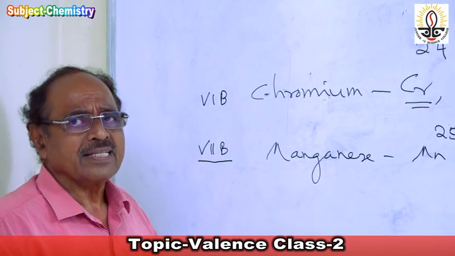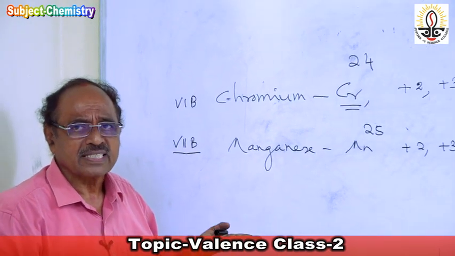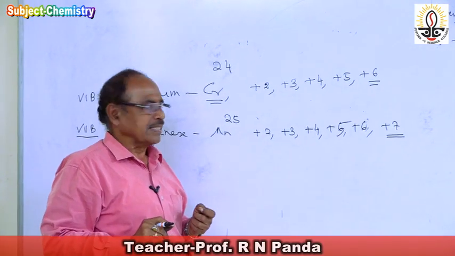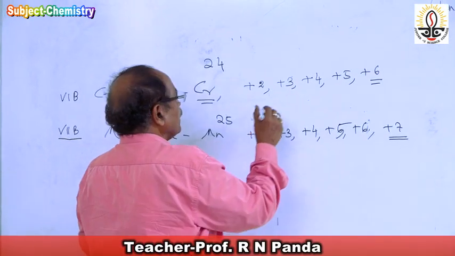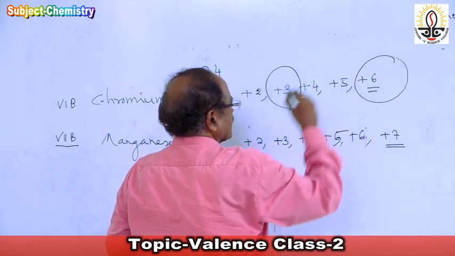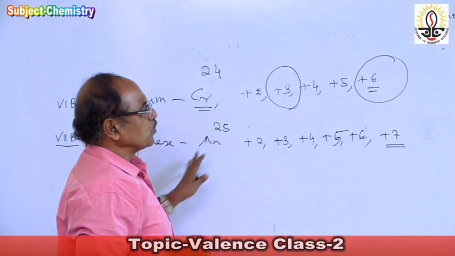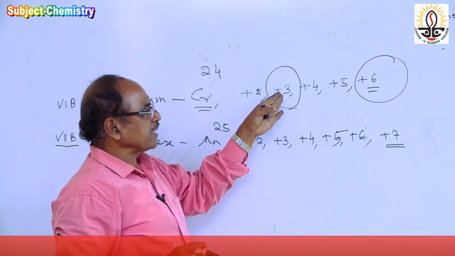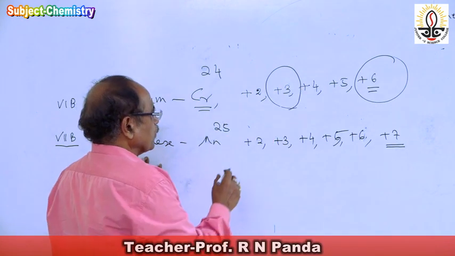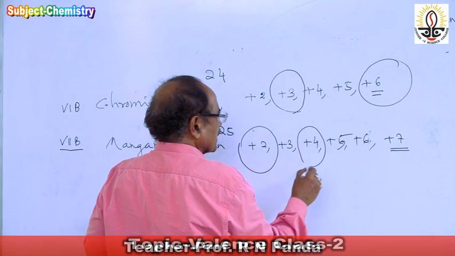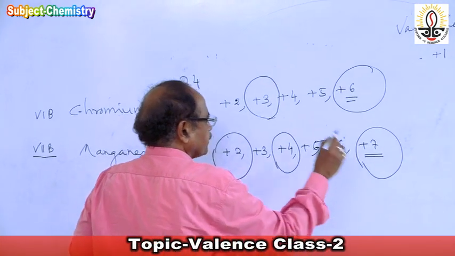How nicely the periodic table is telling us the valence state. The group number indicates the highest valence state. In chromium, the most used states are plus 3 and plus 6. Manganese generally uses plus 2, plus 4 and plus 7.